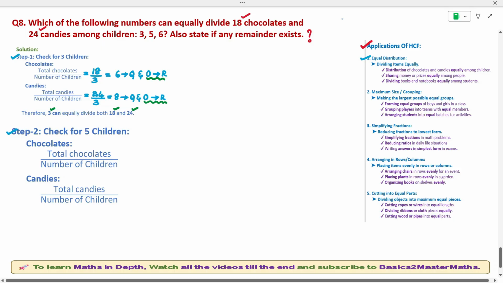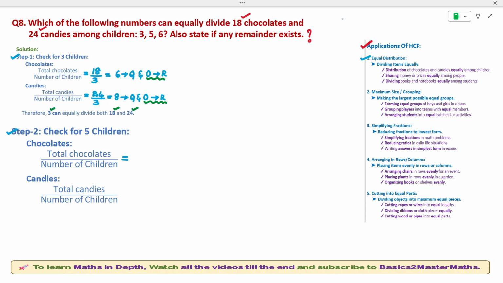Step 2. Check for 5 children. For chocolates, total chocolates divided by number of children. That is 18 by 5 gives you 3 as the quotient and 3 as the remainder. For candies, total candies divided by number of children.